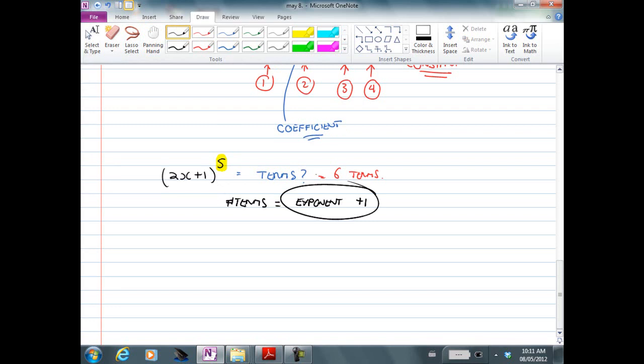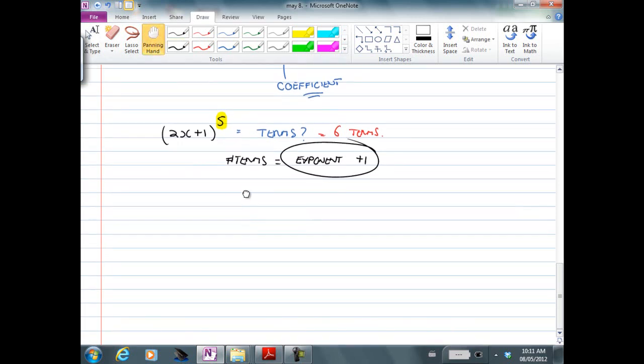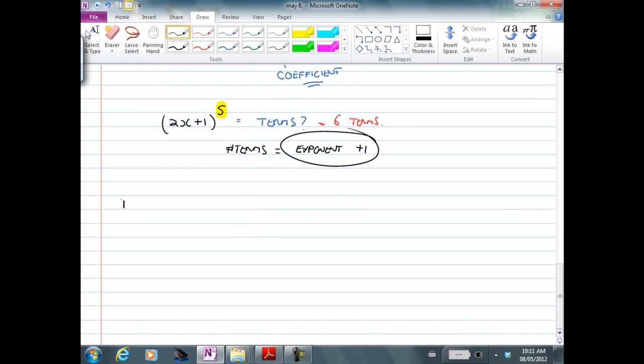Some of you are asking, is there a shortcut to doing this? Because instead of expanding 5 brackets, there is. There's a formula to predict the term. Use this formula. I will give you this formula on your exam.